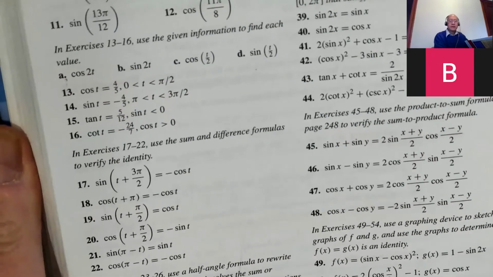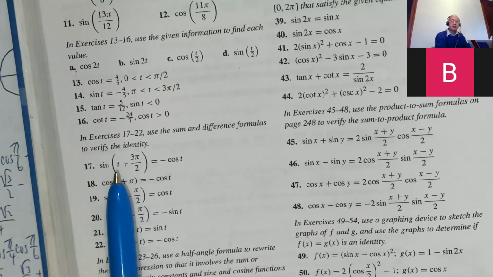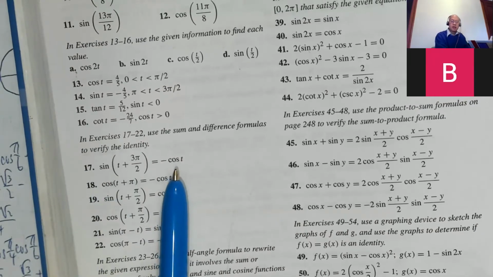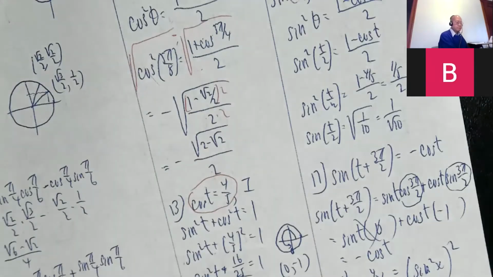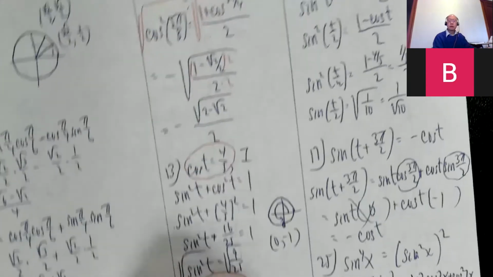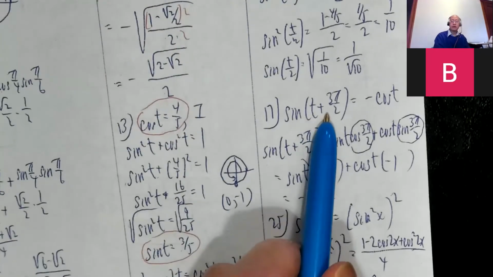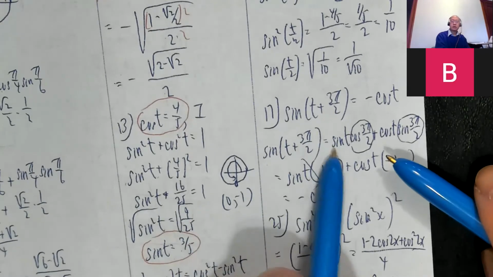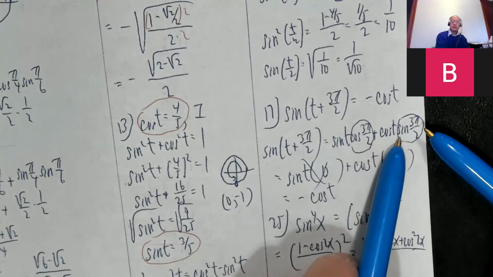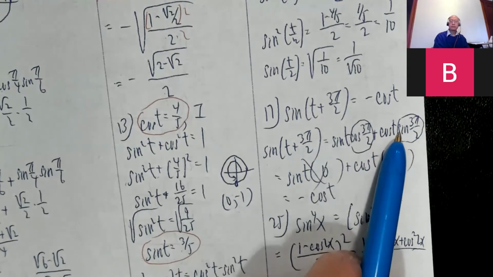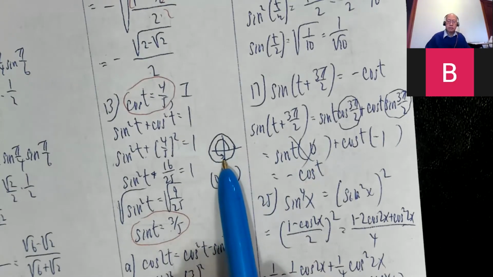Okay, 17. Verify the identity. Show that sine of t plus 3 pi over 2 is equal to negative cosine t. You basically just do it. So sine of a sum, sine of t plus 3 pi over 2. By formula, it's the sine of the first, cosine of the second, plus the cosine of the first, sine of the second. 3 pi over 2, that's down here, south pole.